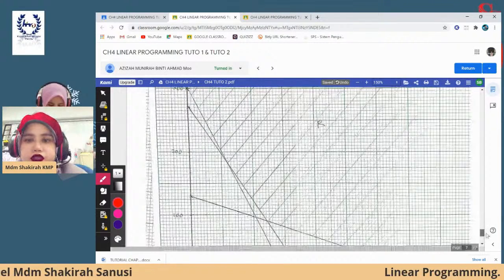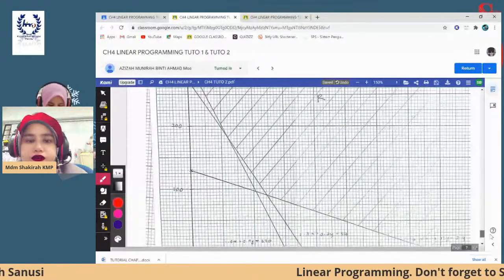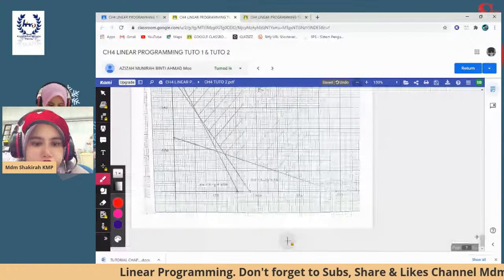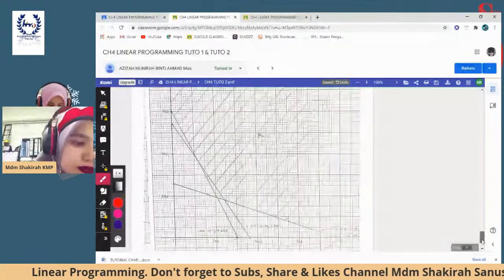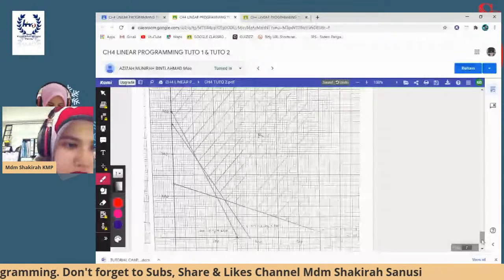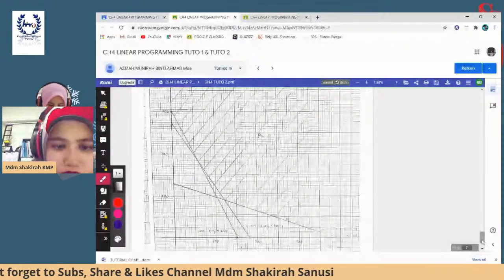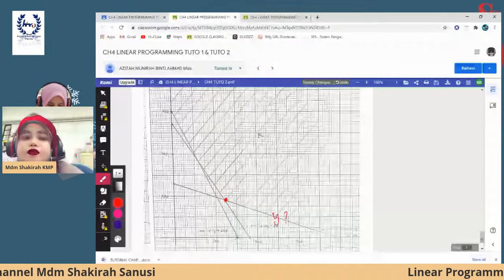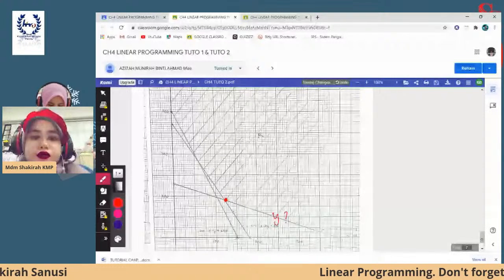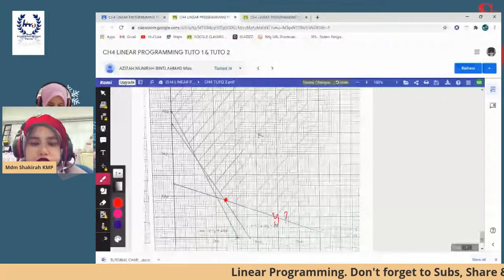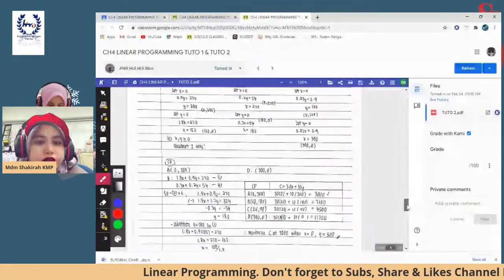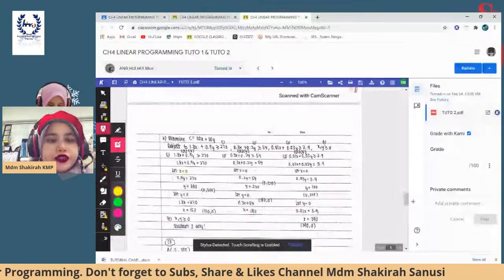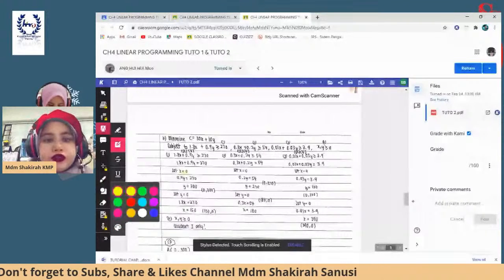Okay, ada masalah ke? Kenapa masalah soalan ni? Okay, so as you can see here, ini adalah yang melibatkan intersection. So ni which Y? Y yang mana? Jadi kena melibatkan kedua-dua Y tu baru kita boleh cari kita punya intersection point. Okay, let's see punya graph. Pun sama, dia cari dulu pintasan Y, okay.